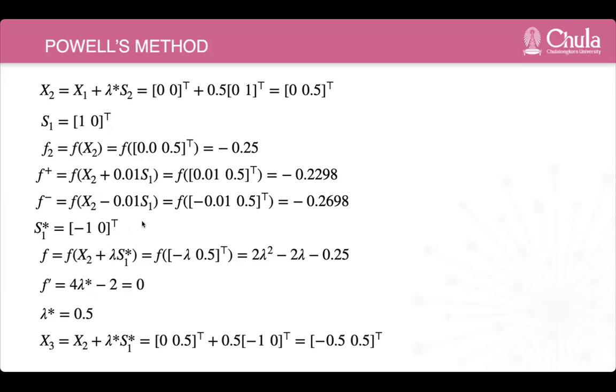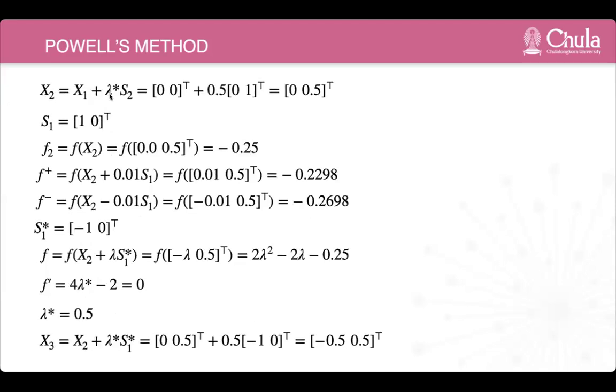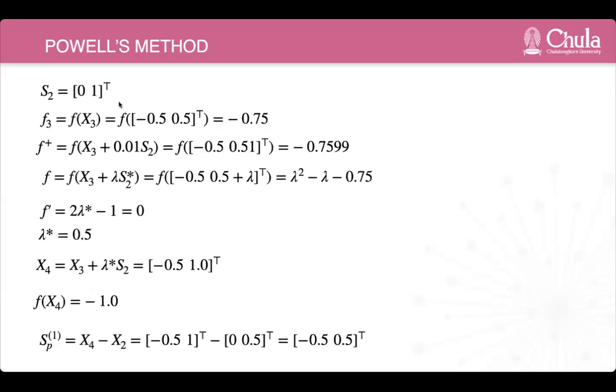This is S1, right? It's univariate. We take the direction of 1, 0. And the second one, we take the direction of 0, 1, which is the univariate method.